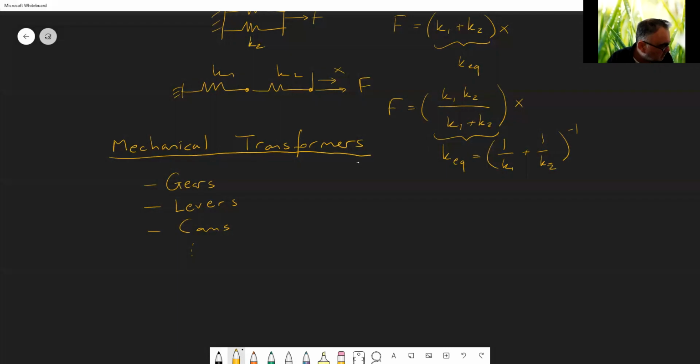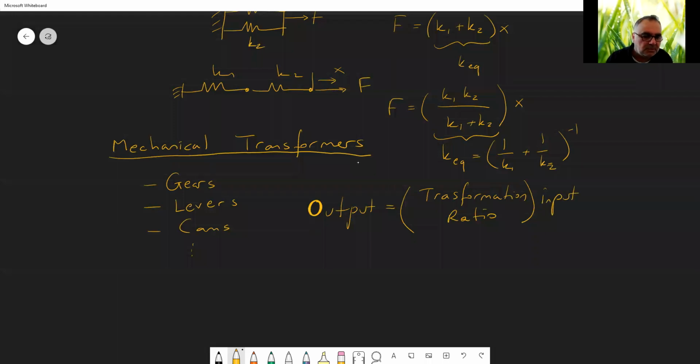So basically, for example, the output in these things will be equal to some kind of transformation ratio times the input.